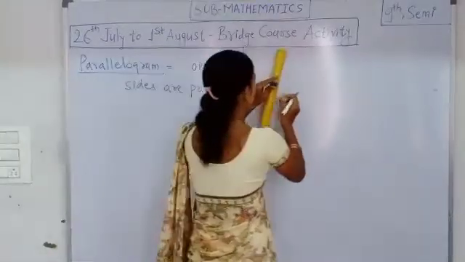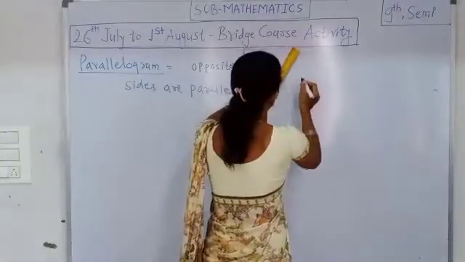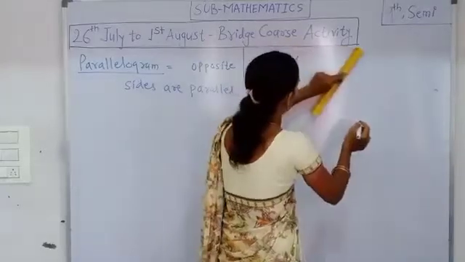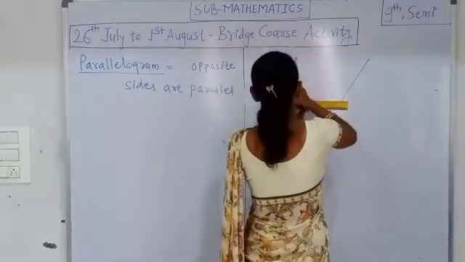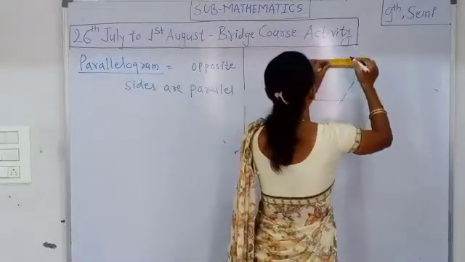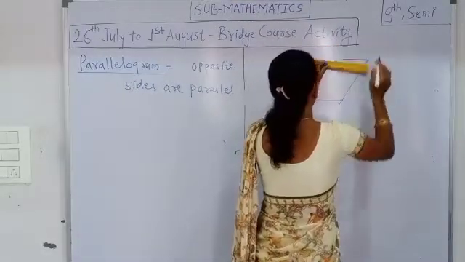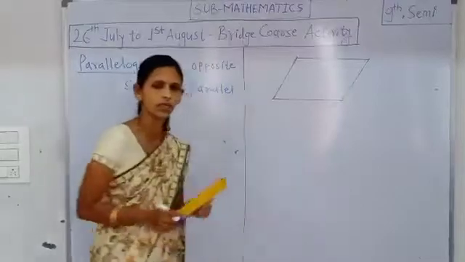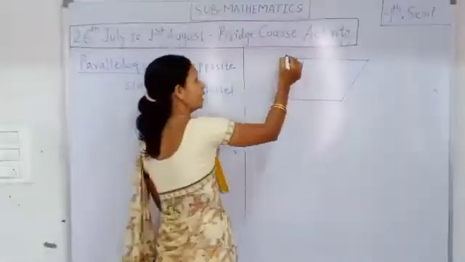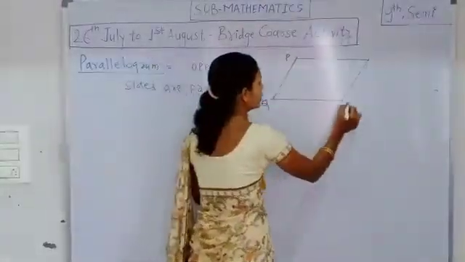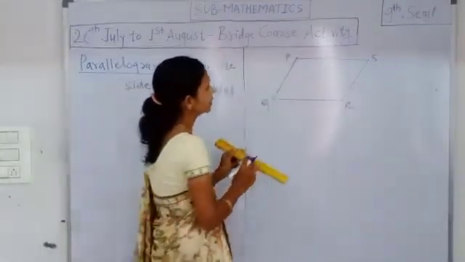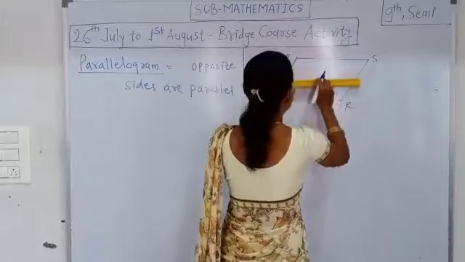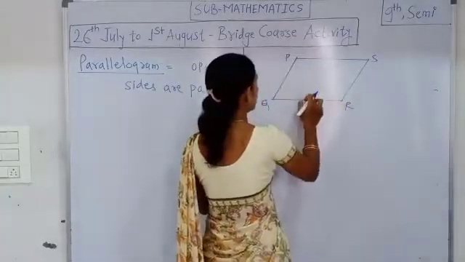Then see here the diagram in which a parallelogram is given. That is quadrilateral PQRS, which is a parallelogram in which the opposite sides are parallel to each other.